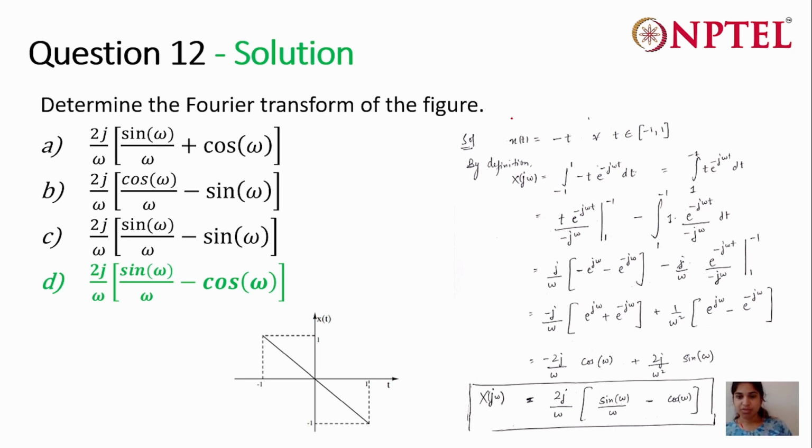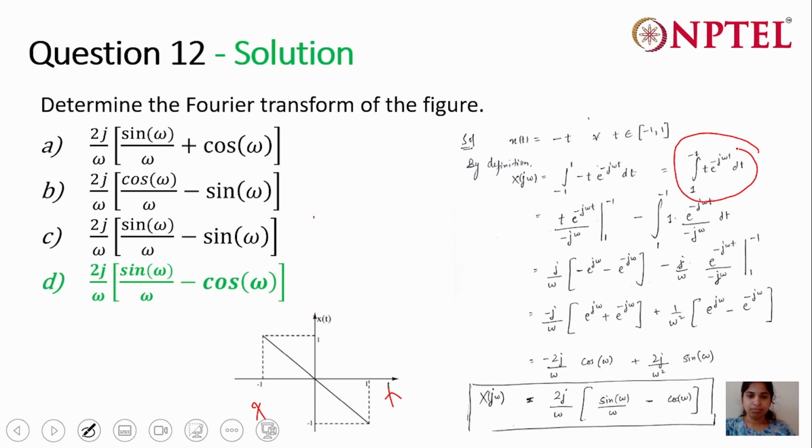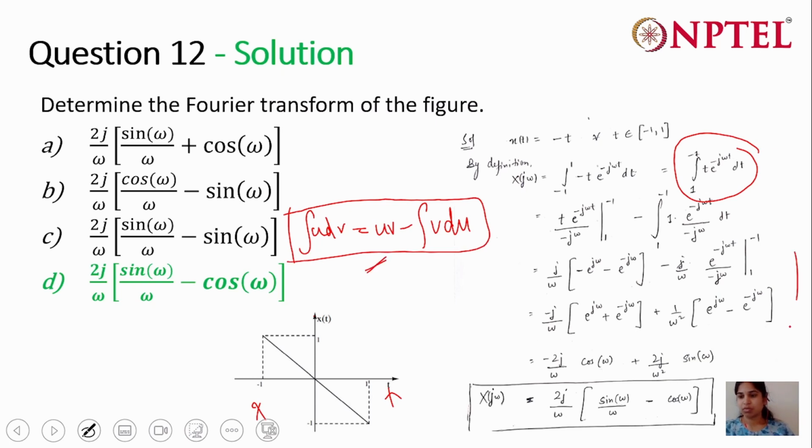So what is our x of t? x of t is minus t from -1 to 1. So put that in limits and then we try to solve it. You have to solve it using integral u dv, which we can write as uv minus integral v du. So use this and if you solve, we can get to the answer. The answer is D.